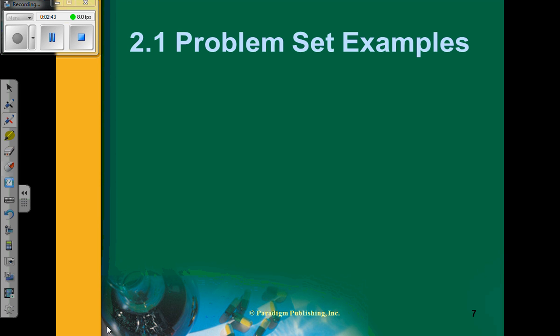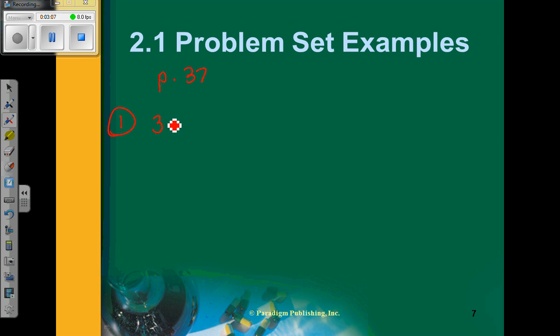So just to kind of go through and give you some examples out of your problem set that's in your book, and I'm taking them straight out of your book on page 37. Okay, so the first problem set, it says express the following ratios as fractions and reduce to the lowest terms. I'm just going to write the numbers straight out of your book.